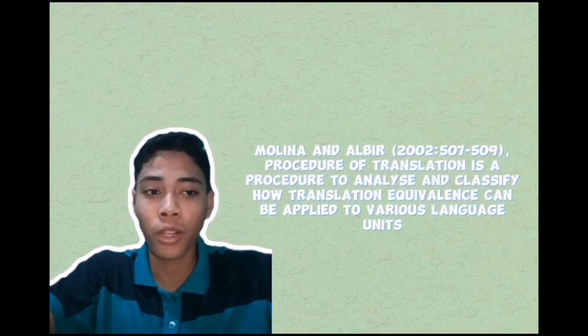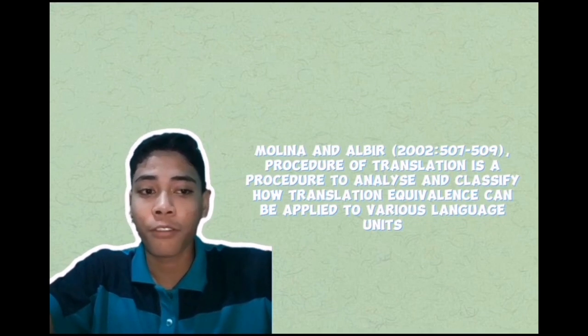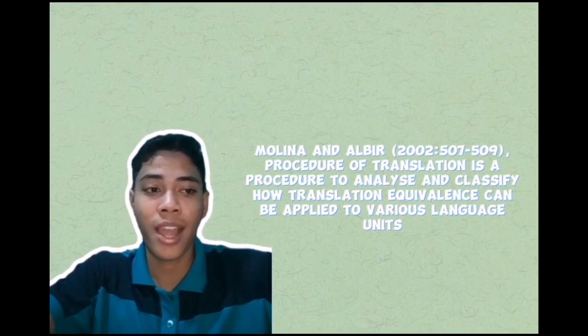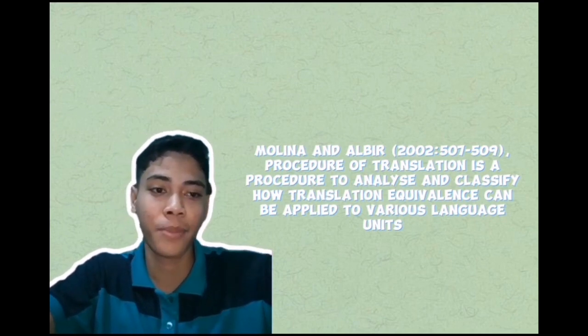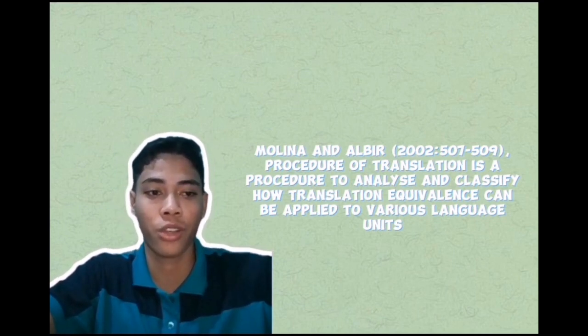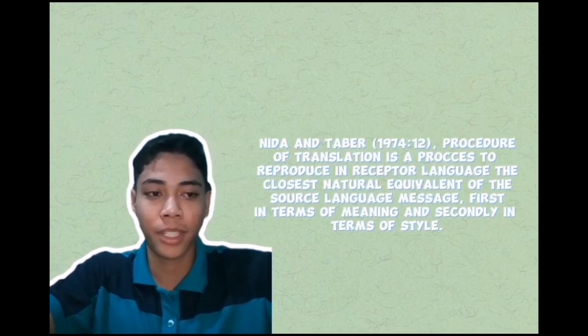The first one, Molina and Albert. Procedure of translation is a procedure to analyze and classify how translation equivalence can be applied to various language units. The second one, Ledy and Tabor.